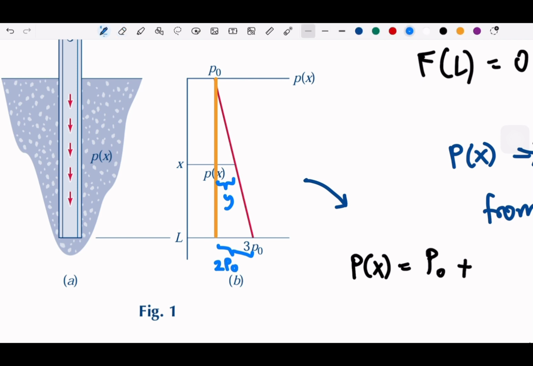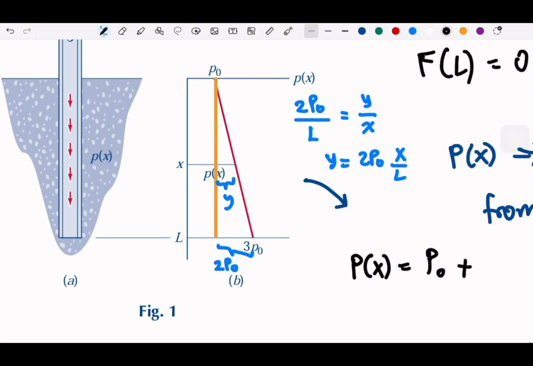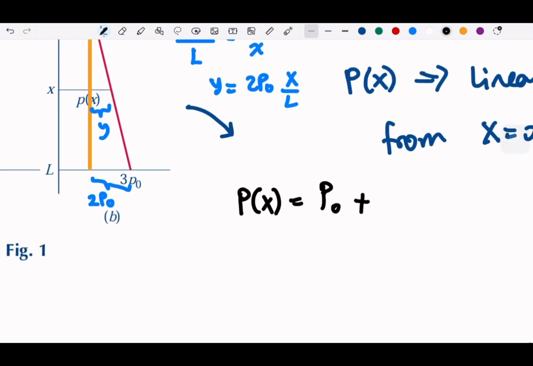So 2p0 over the whole length, which is L, is equal to y over x. And then y is 2p0 x over L. So that is our equation. So p(x) is p0 plus 2p0 x over L. That's our equation.